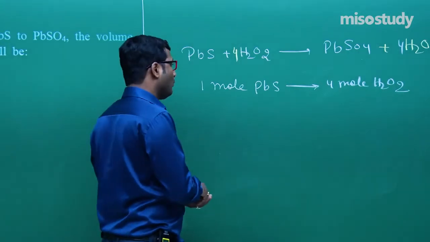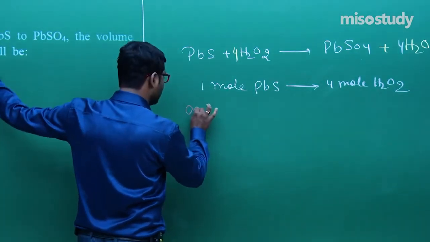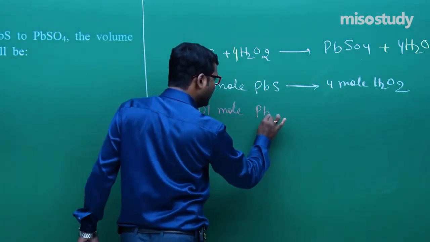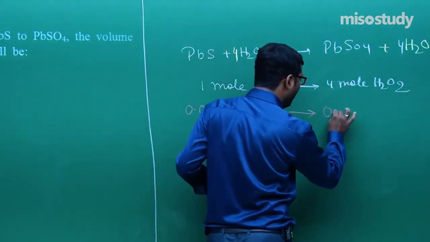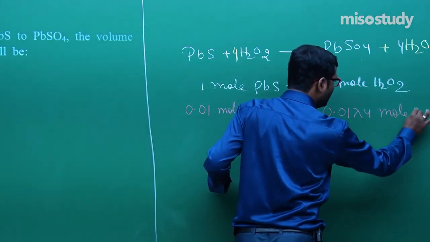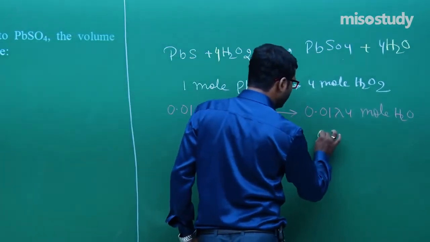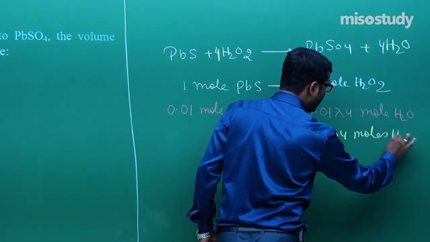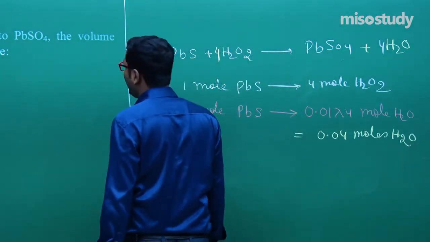Yes sir, 1 mole PbS requires 4 mole of H2O2, and according to the question 0.01 mole of PbS requires 0.01 into 4 moles of H2O2, that is equal to 0.04 moles of H2O2. Clear?